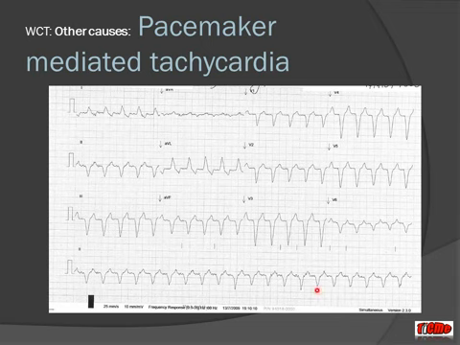One of the giveaways is that the rate is exactly 125, which is commonly the highest set rate for a pacemaker, and so this is a person who was just flicking in and out of this rhythm rapidly, and it turned out to be a pacemaker mediated tachycardia. One of the other possibilities is atrial flutter in a pacemaker patient.